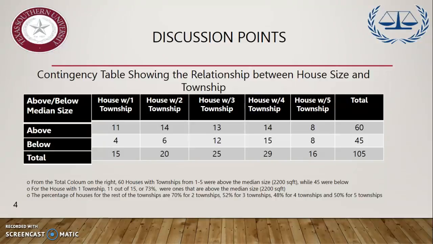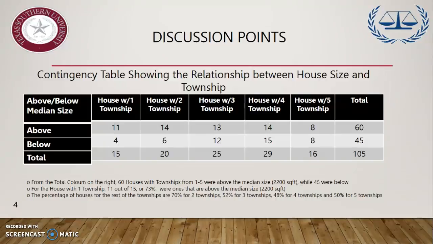For houses with one township, 11 were above the median size of 2,200 and 4 were below. If you go over to the right, you'll see the grand total for houses with townships varying from 1 through 5: 60 were above and 45 were below.